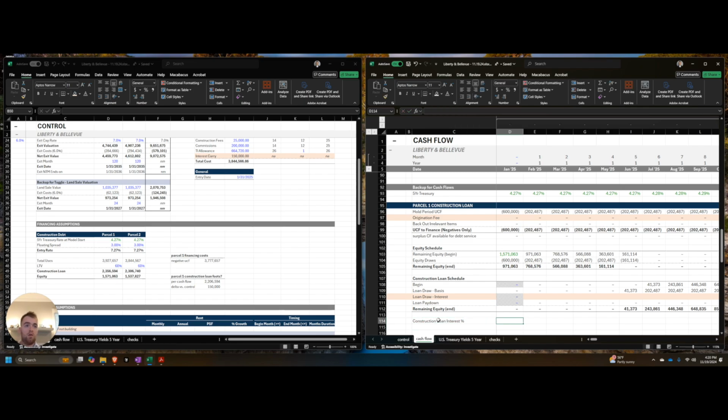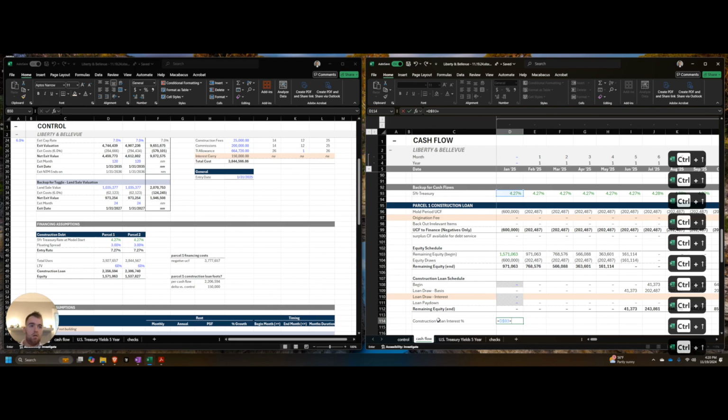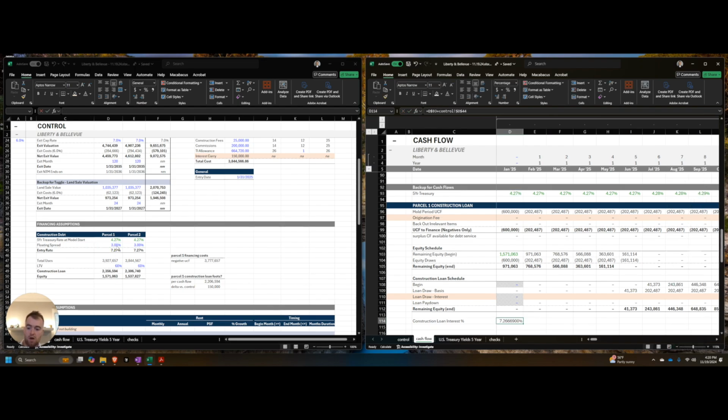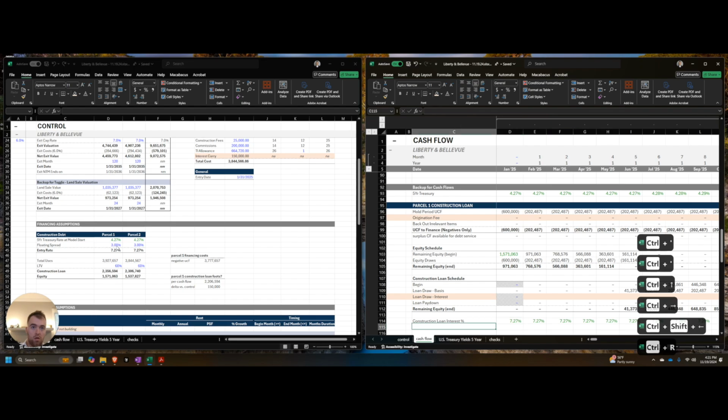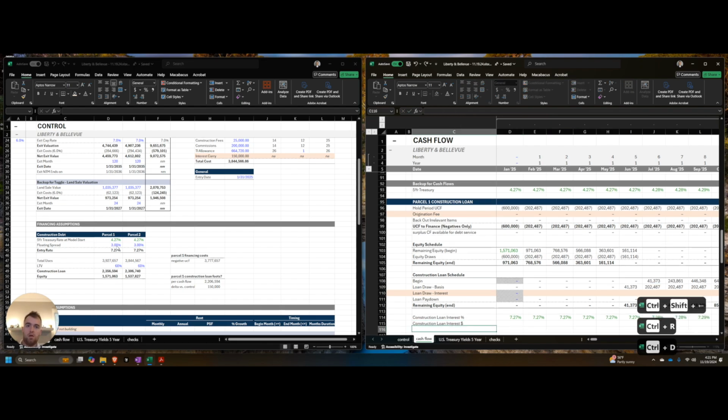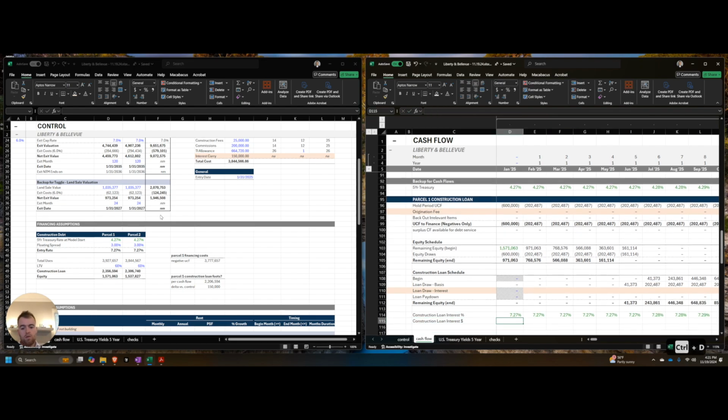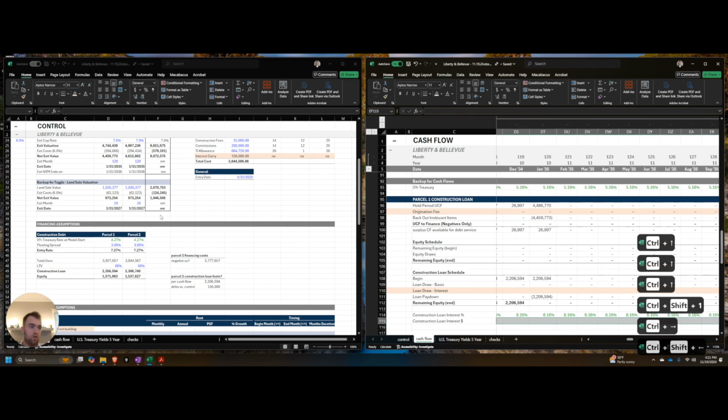interest percent is going to be equal to that plus the floating spread that we set. Obviously, this is an annual interest rate. So equals that divided by 12 times the beginning balance on your construction loan.